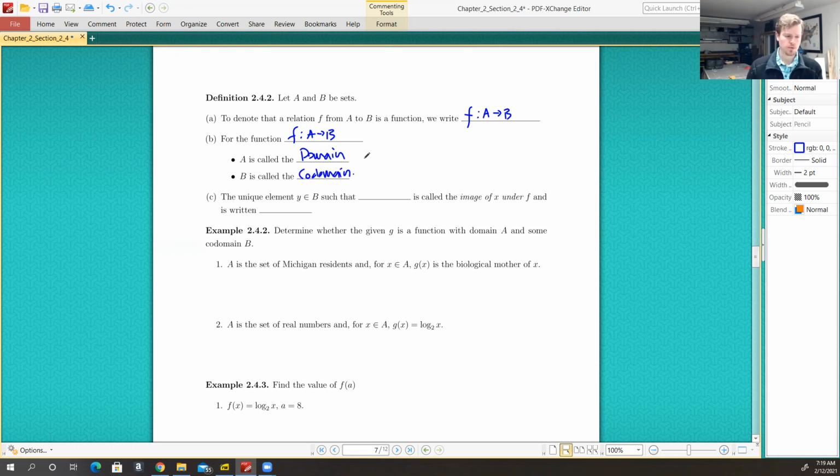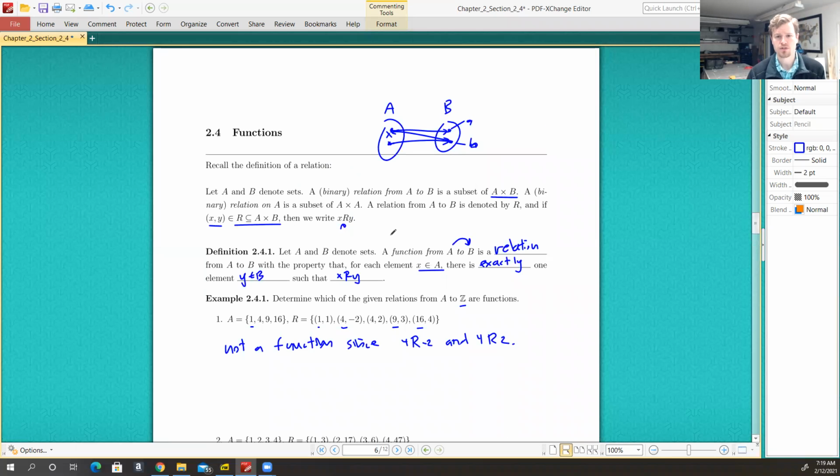Notice in our definition of function that we don't have to have, right? I could have a C over here. We only need exactly one element in B such that x is related to y, and it is for each element in A. It doesn't say anything about each element in B. So there could be things over here in the set B that we never consider.